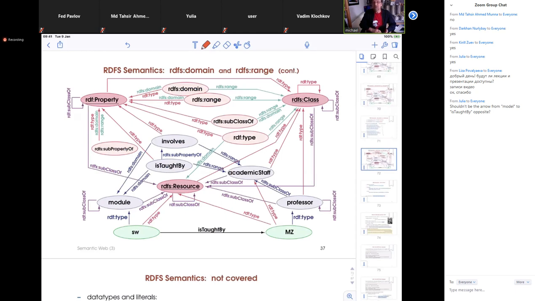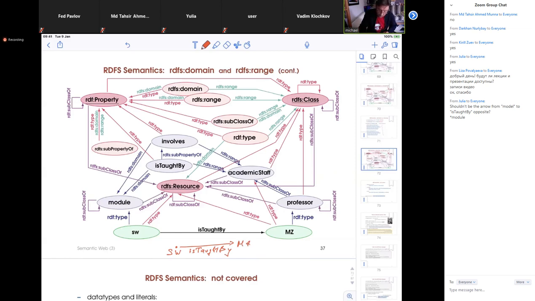So we started with the 7 ellipses, now many more, and shouldn't there be an arrow from module to stored by? Okay, let's see. Module is stored by. I don't know. So the module, say semantic technologies or semantic web, is stored by MZ.